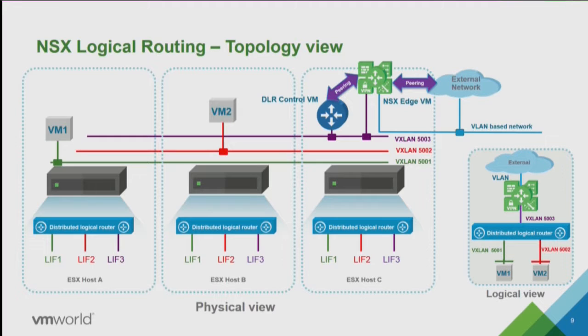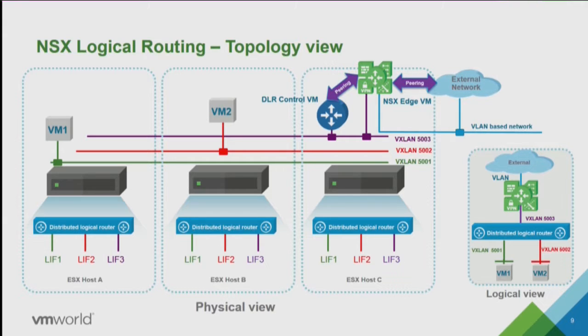In reality, if you look at the physical view, it's quite a bit different. The point is this simple DLR that shows up on my logical view is implemented on each and every one of the hypervisors that I've got in my topology. Here I've got 3 simple ESX hosts.